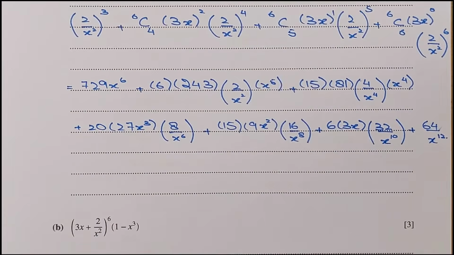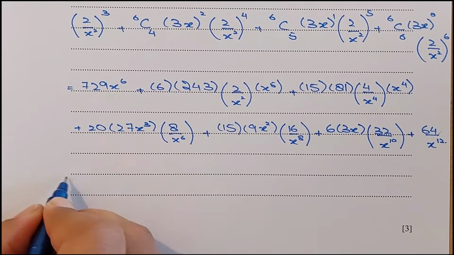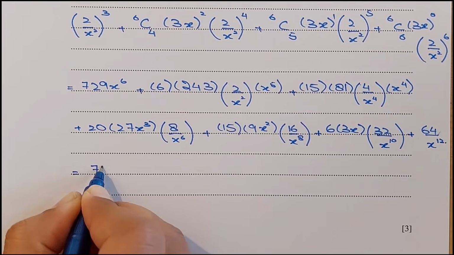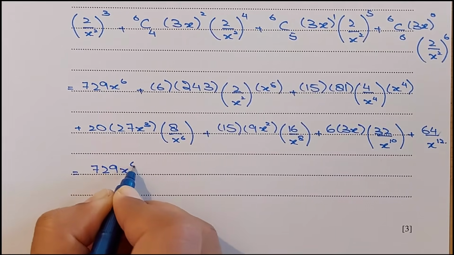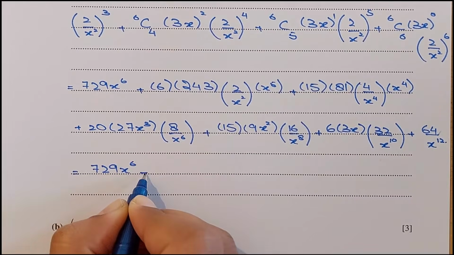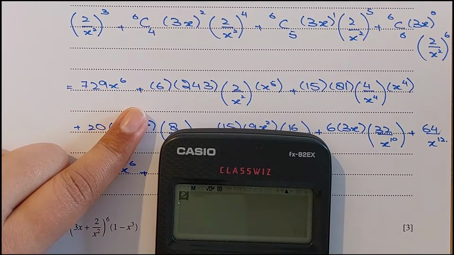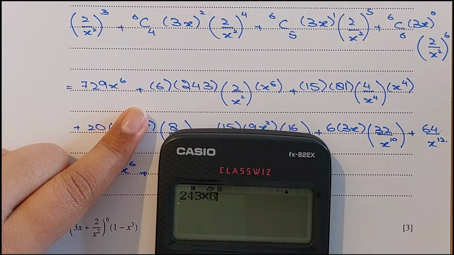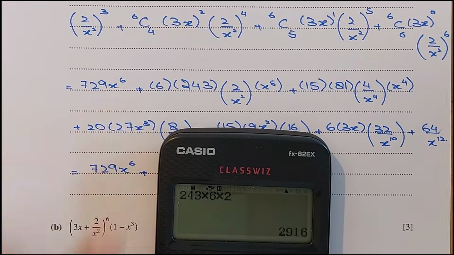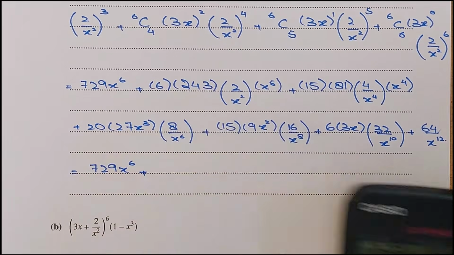Now let me simplify the coefficients and find out the constant term. Right, so 729 x power 6. The second term we have is 243 times 6 times 2, 2916.